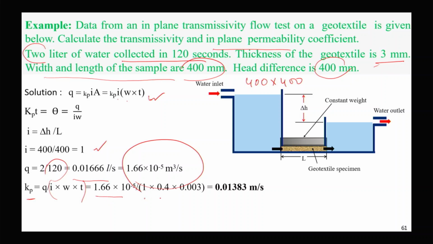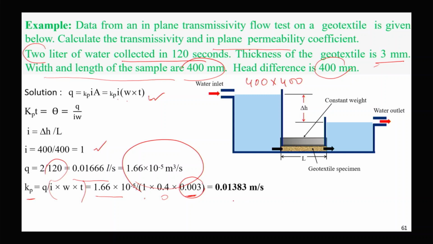I is 1, W width is 0.4 meter, and T, thickness, is 0.003 meter. So 3 millimeter is the thickness, so in meters.